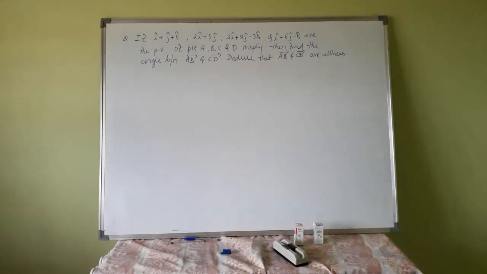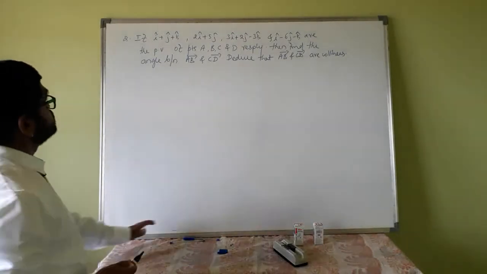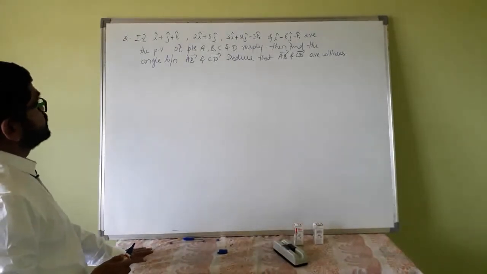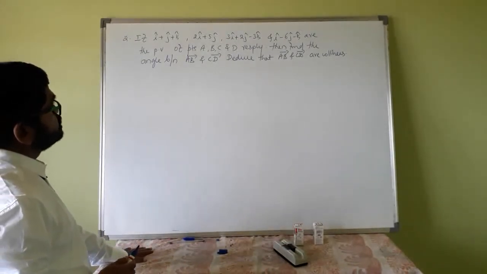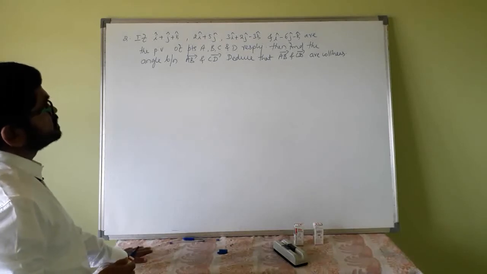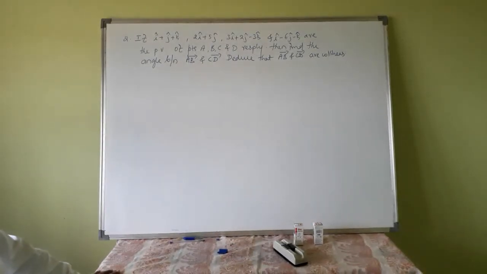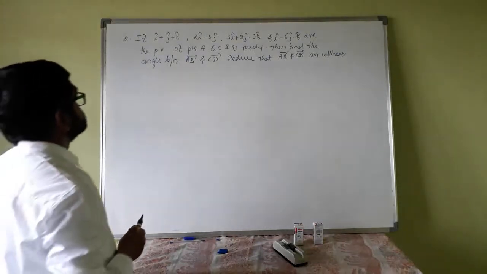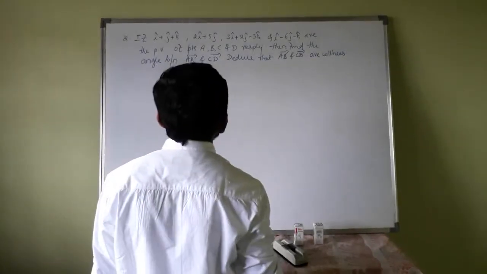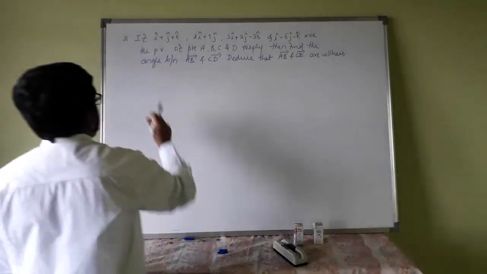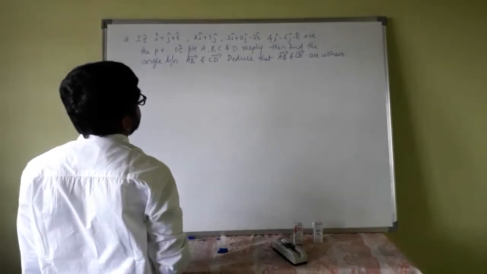Second example: if i plus j plus k, 2i plus 5j, 3i plus 2j minus 3k, and i minus 6j minus k are the position vectors of the points A, B, C, D respectively, then find the angle between AB and CD. Deduce that AB and CD are collinear. These are position vectors.